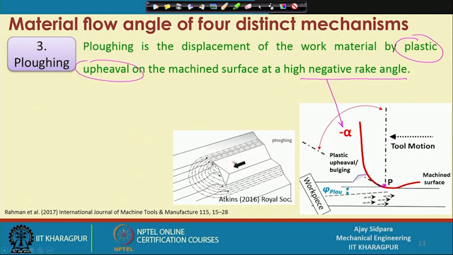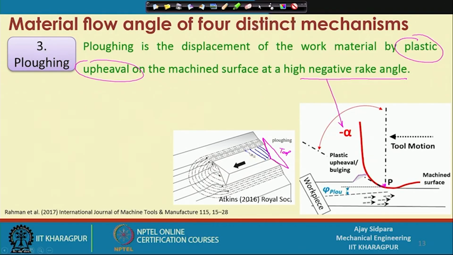Now consider your cutting tool is something like this. So, this is your cutting tool and it is moving in this direction. Now, what we need is a chip to make this particular thing efficient, but instead of a chip, what is happening here? Whatever material, let me give this a different color.